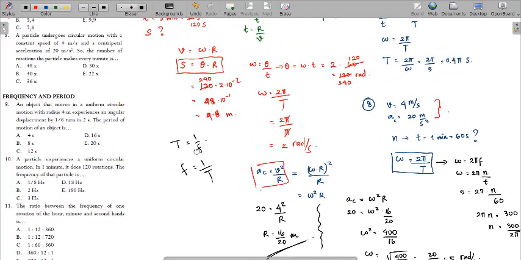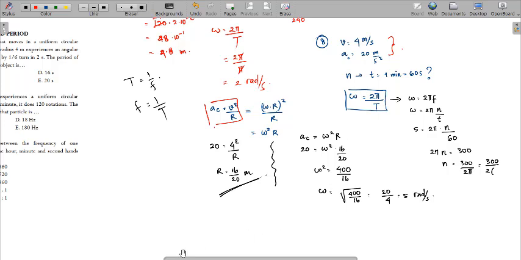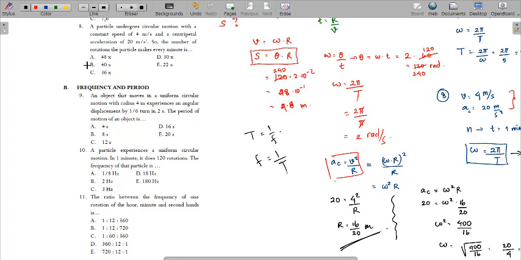In multiple choice there is no π in here, so you need to put the value of π, that is 3.14 or 22 over 7. That's okay. Then you will get the answer around 47.7, or you can round up to 48 times. So the result is 48 times.